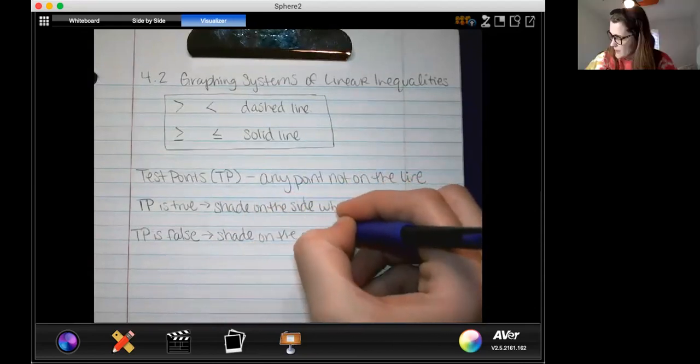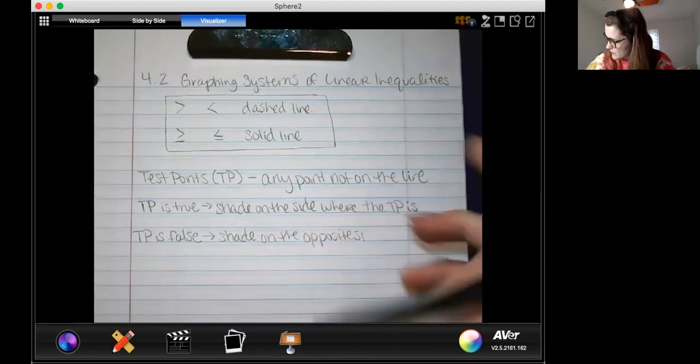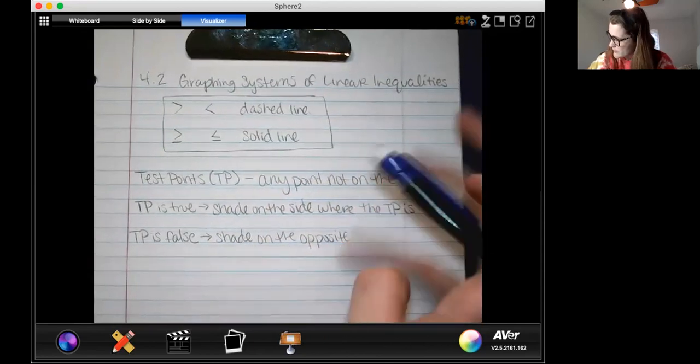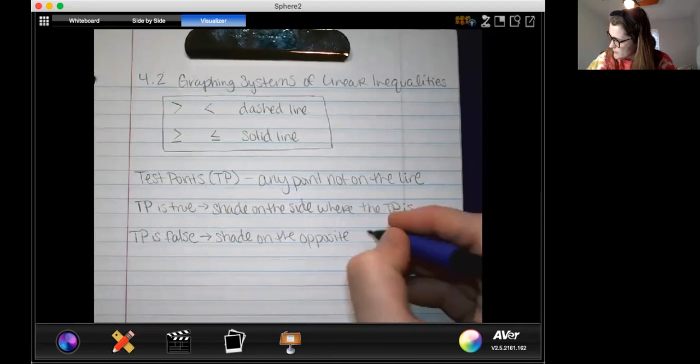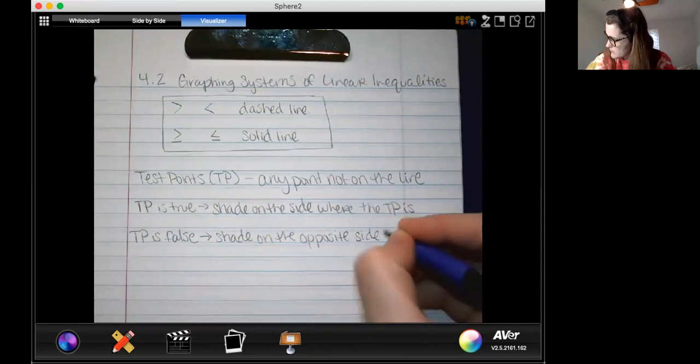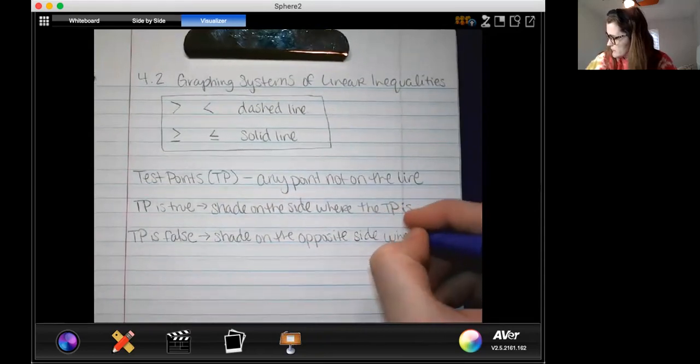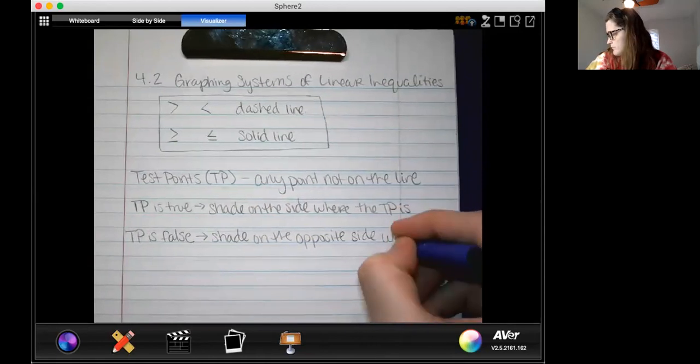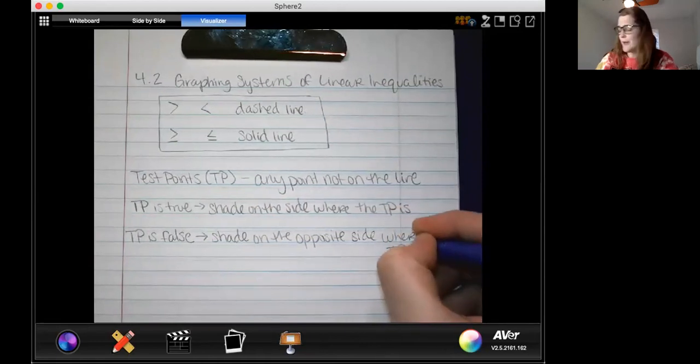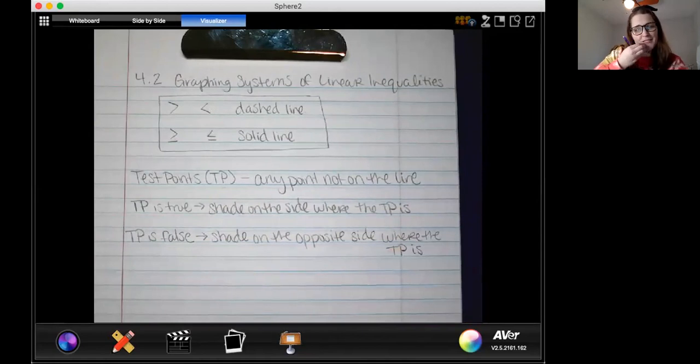Shade on the opposite side from where the test point is. Okay, good. I'm glad we went through those reminders. That was a little bit of a rough refresher, but we're going to move on.